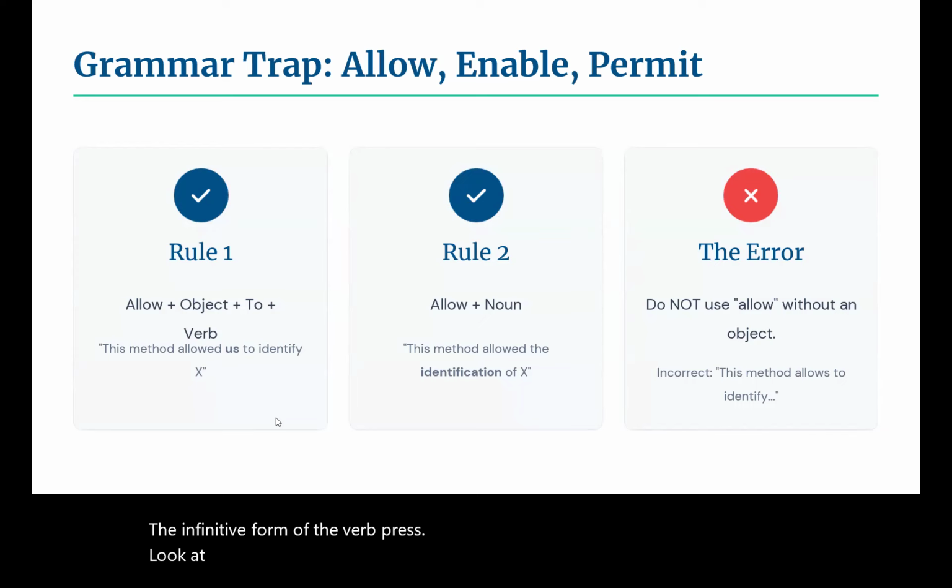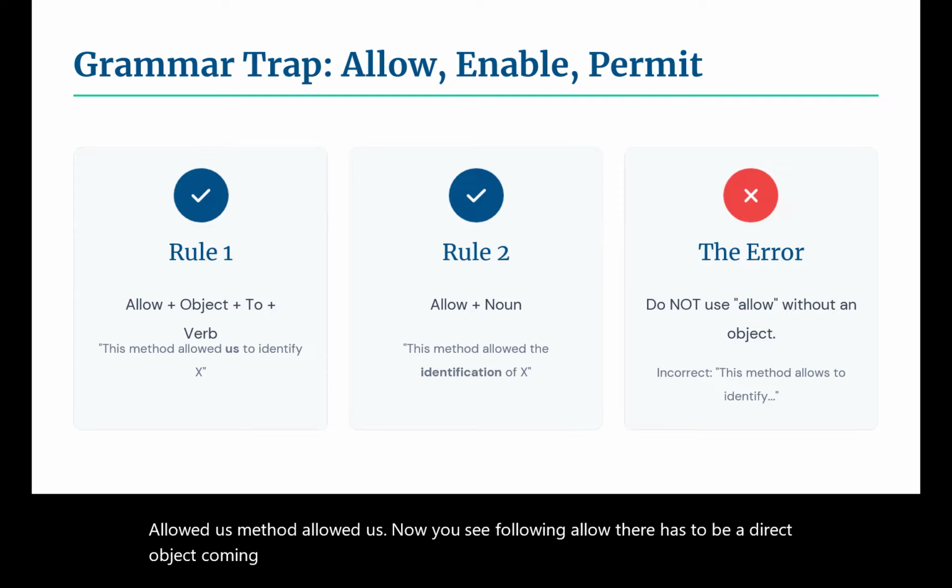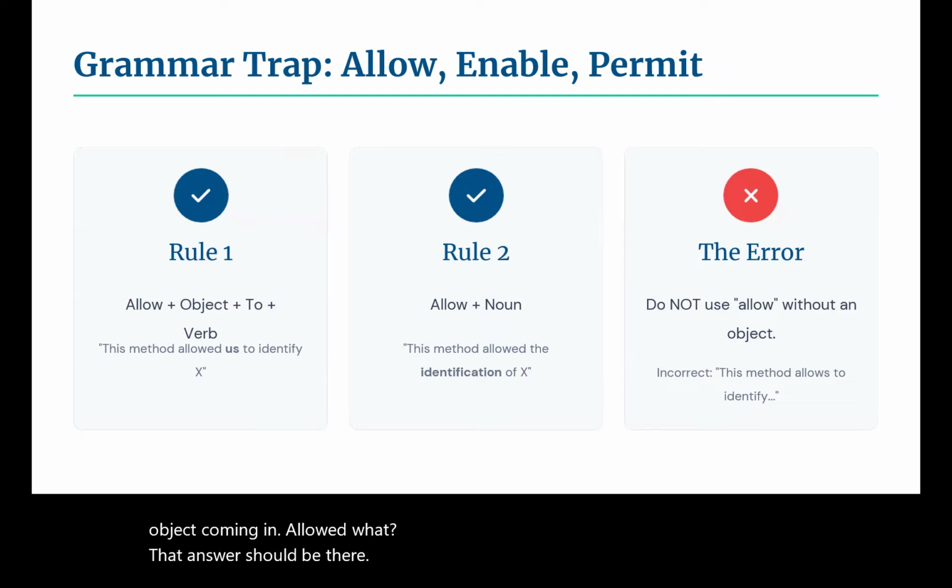The method allowed us to identify X. You see? Allowed us. Now you see, following allow, there has to be a direct object coming in. Allowed what? Allowed whom? That answer should be there. And then the infinitive form of the verb, to identify. The method allowed us to identify X precisely.